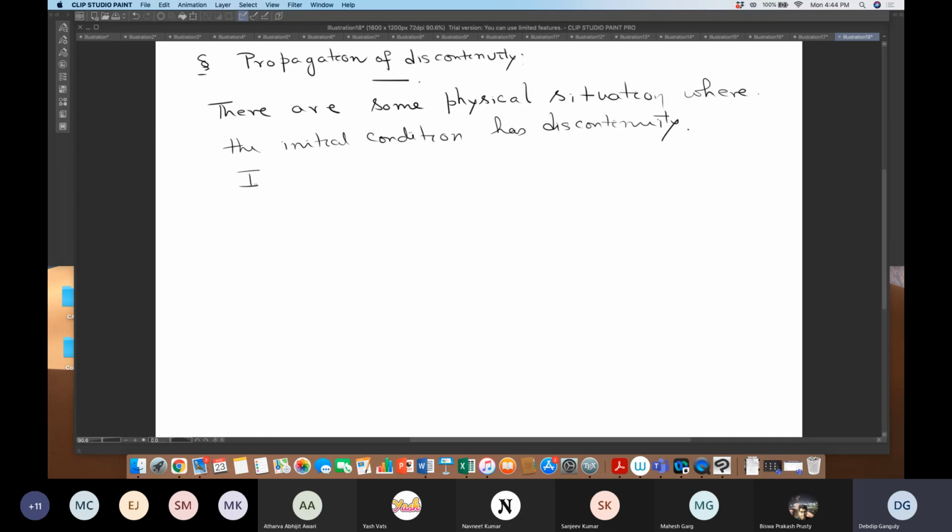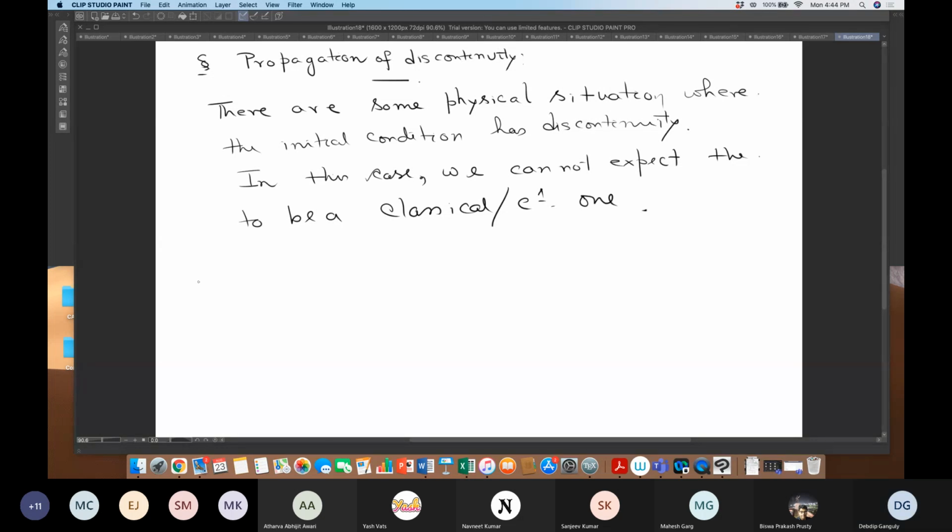In this case, we cannot expect the solution to be a classical one, or something called C1.